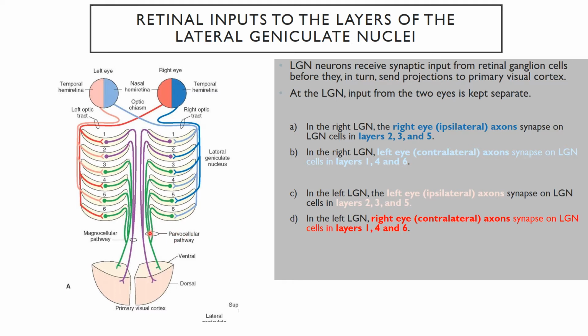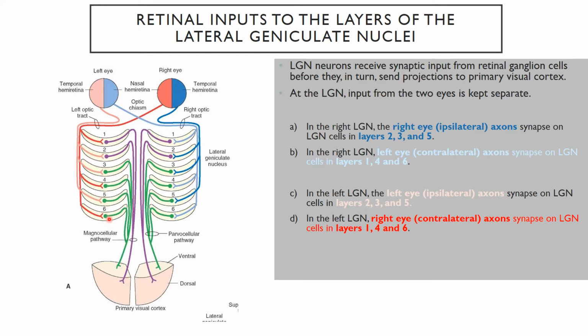The names magnocellular and parvocellular refer to the size of the cells in the LGN. So the magnocellular cells are relatively large. That's why it's called magno. So these cells are pretty big in layers 1 and 2. Whereas layers 3 through 6, they're relatively small, and they're known as parvocells.